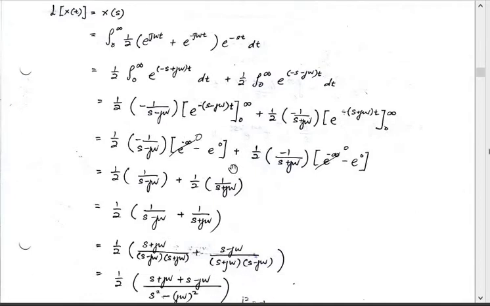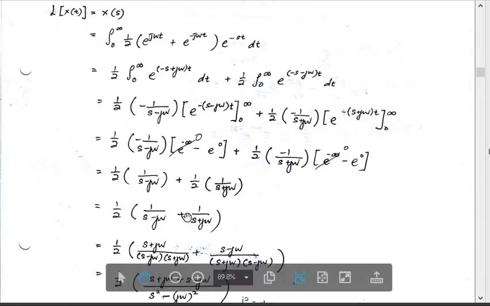We won't have the infinity part, because we assume it's a positive value. So this one you get 0 minus 1, so you multiply in and get 1 over s minus j omega. And then this part is negative 1, you multiply in and have positive 1 over s minus j omega, multiplied with 0.5. So you get this part.